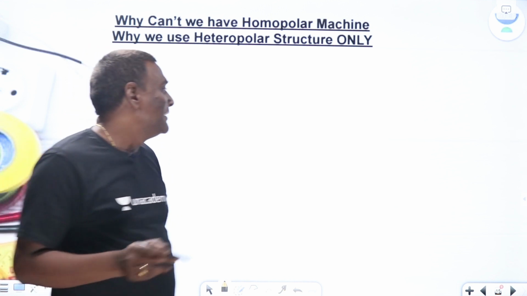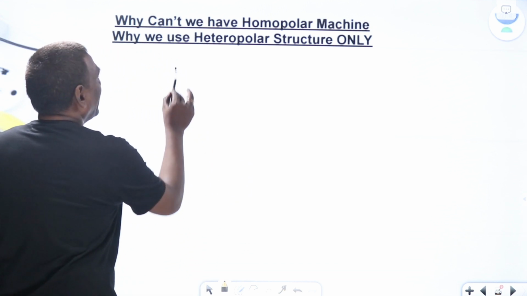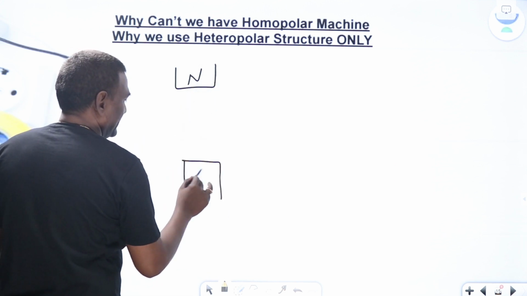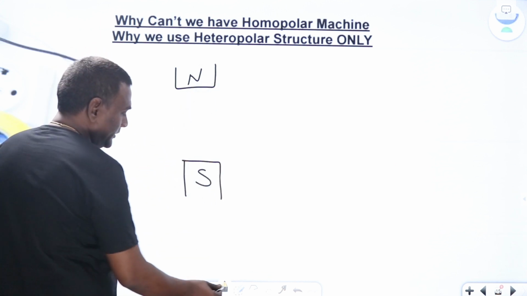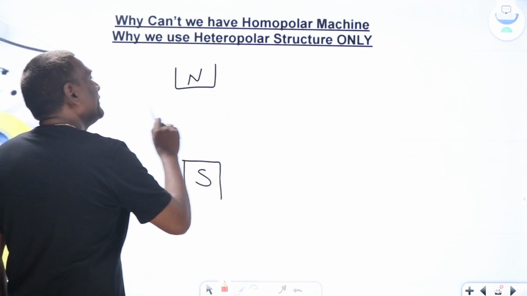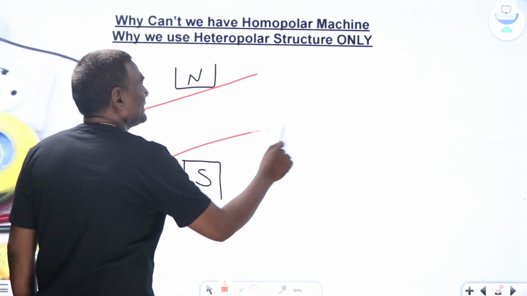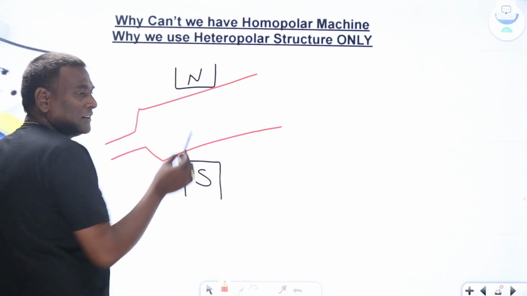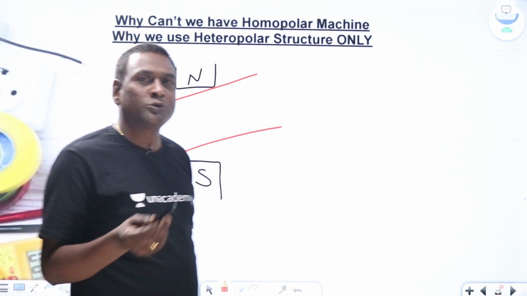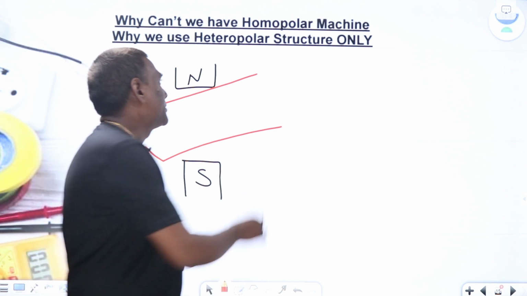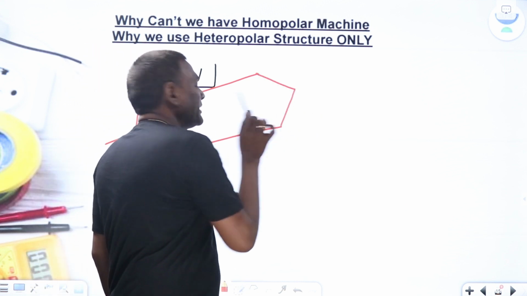Now let me tell you, if I have an N pole here and an S pole here, and this is the stator, for example. In the rotor, if I have one conductor here and another conductor here. I'm expecting a few things should be known by you; gradually, once the course is started, automatically you will come to know. This is the back-to-back connection.